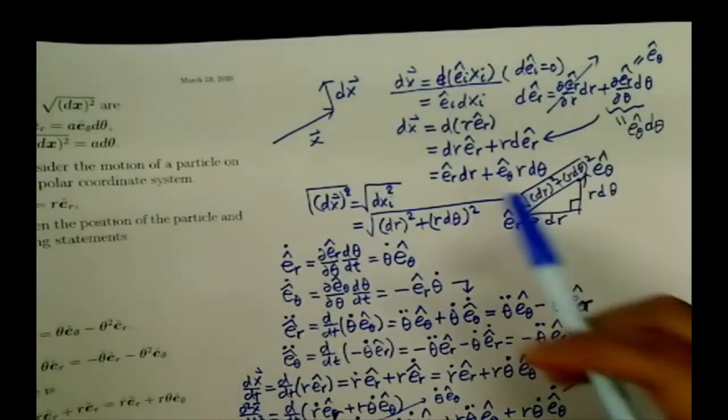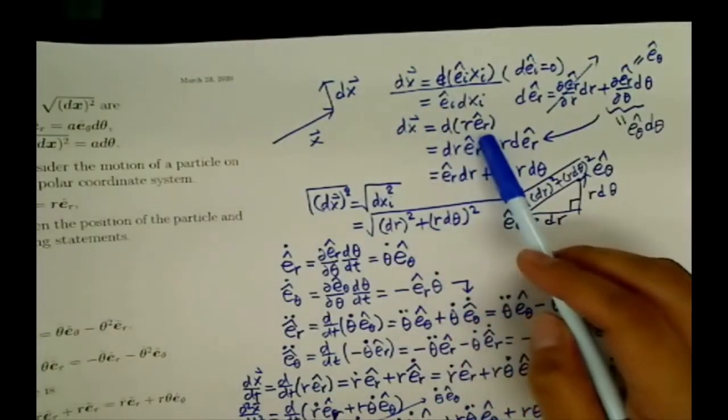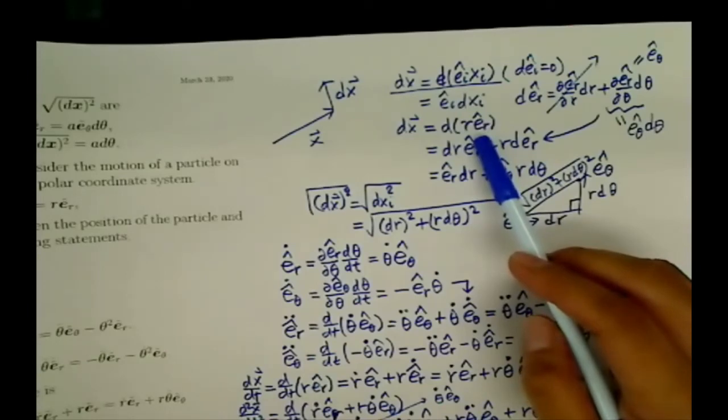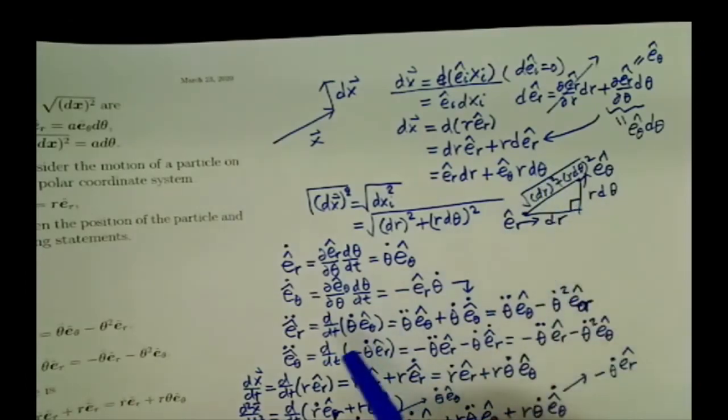So step by step, you substitute the position vector in terms of the coordinate and the unit vector along the curvilinear coordinate system, and take the differentials.